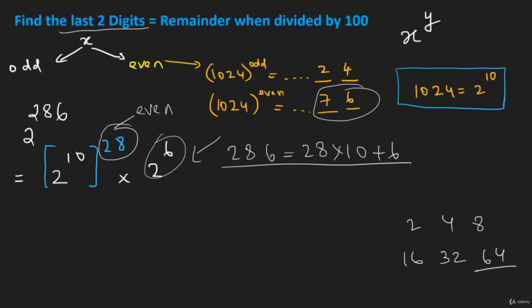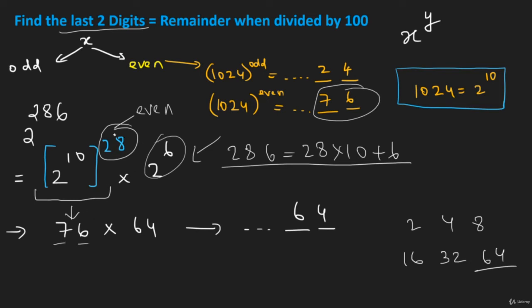So this simplifies to 76 into 64, and that will end with 64, right? I am only concerned with the last two digits. Remember, last two digits only depend on the last two digits. That's why for this expression I can write 76 because the last two digits of this expression will be 76. Similarly, over here the last two digits is 64.